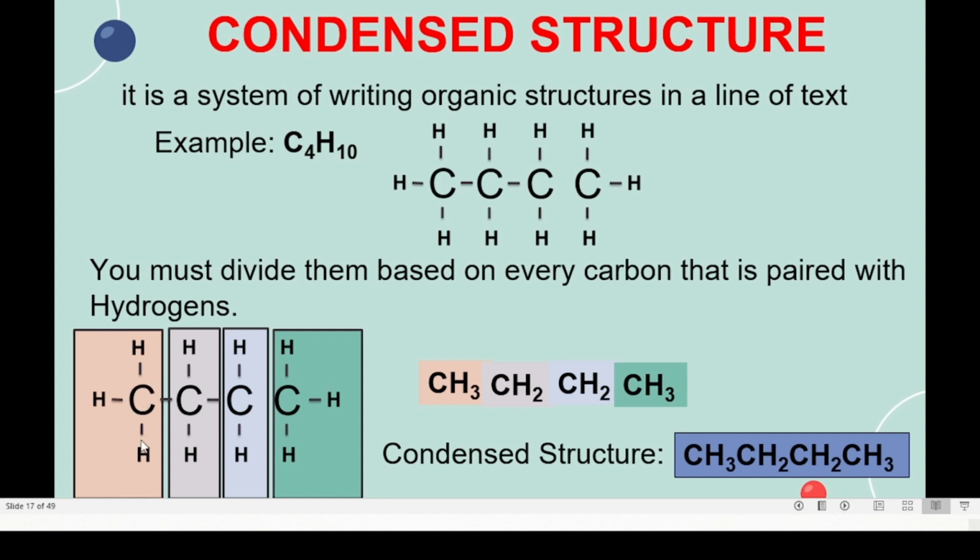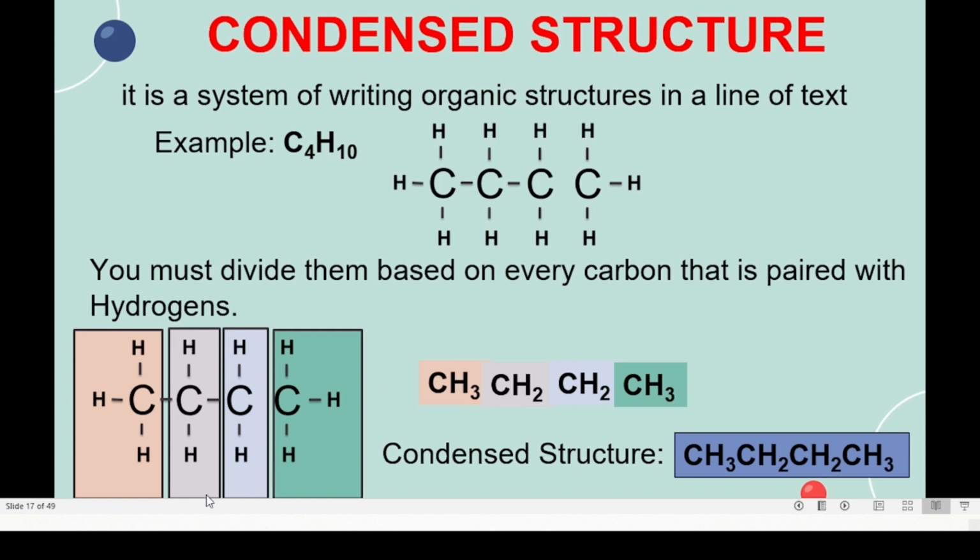The first carbon has 3 hydrogens, so we write C, H, and the number of hydrogens, 3: CH3.